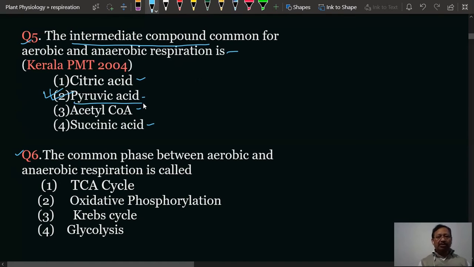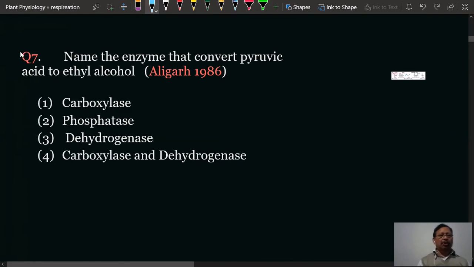Question number 6 asks for the common phase between aerobic and anaerobic respiration, which is glycolysis. Pyruvic acid is the end product of glycolysis.